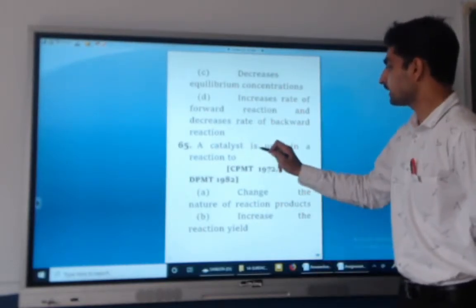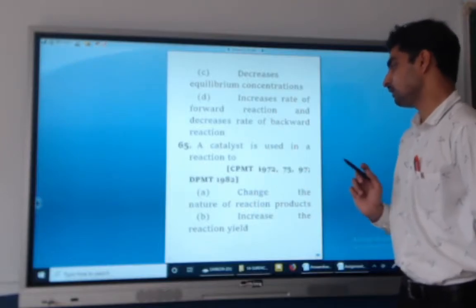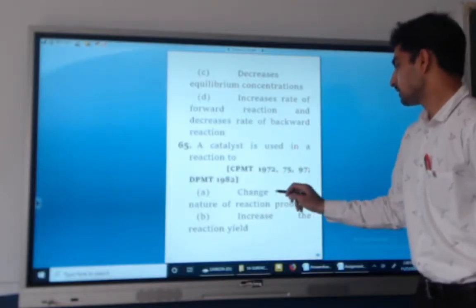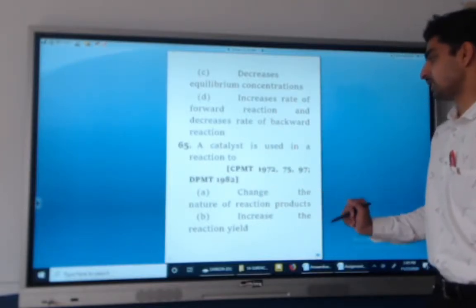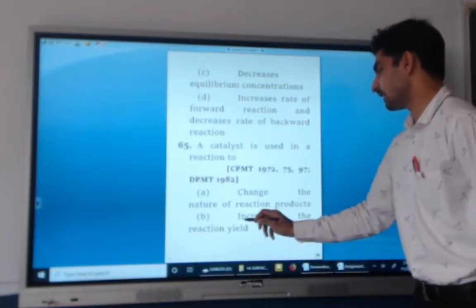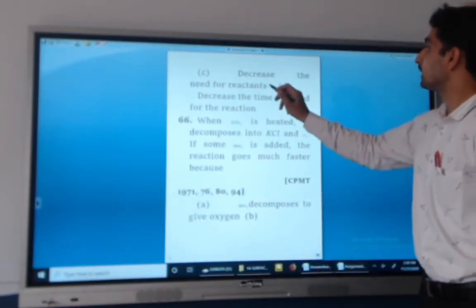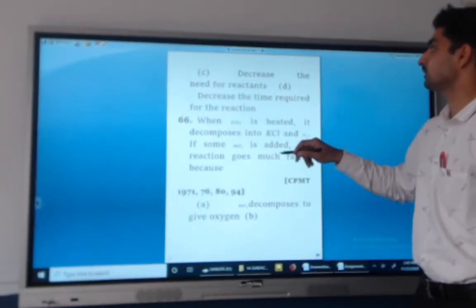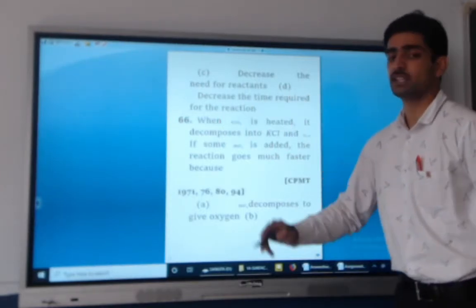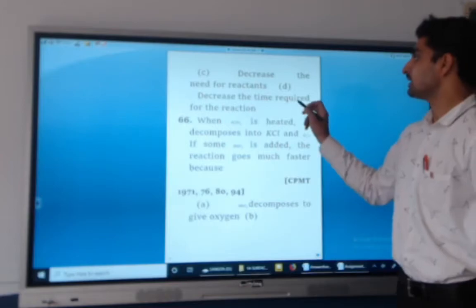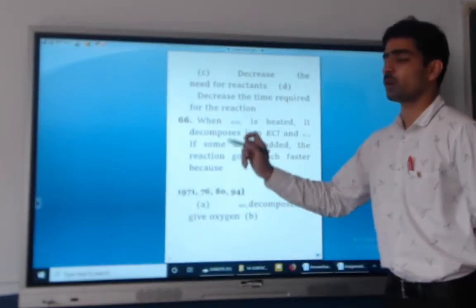Next, a catalyst is used in a reaction to: change the nature of the reaction and product, increase the reaction yield, decrease the need for the reaction, or decrease the time required for the reaction. The answer is decrease the time required for the reaction.